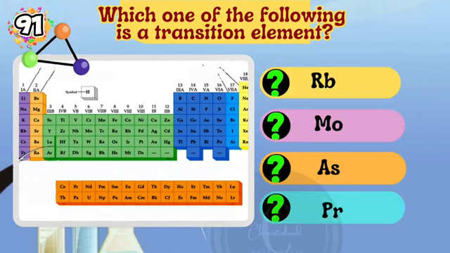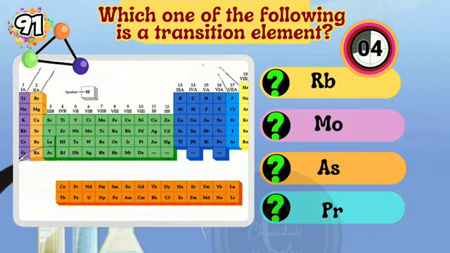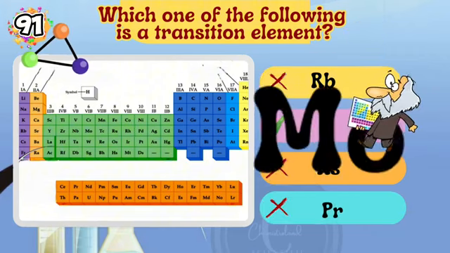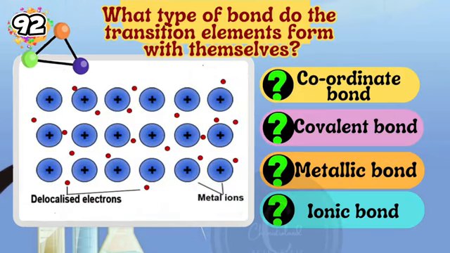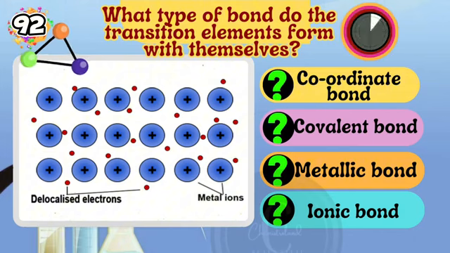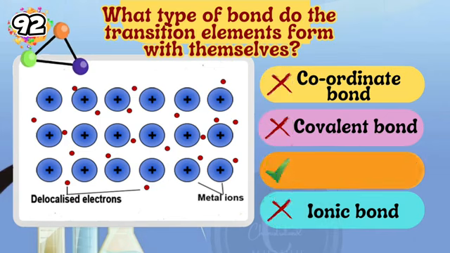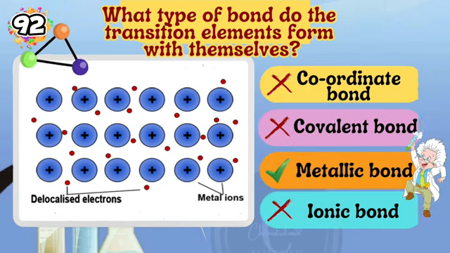Any idea about which one of the following is a transition element? Molybdenum. Any idea about what kind of bond do the transition elements form with themselves? They form metallic bond.